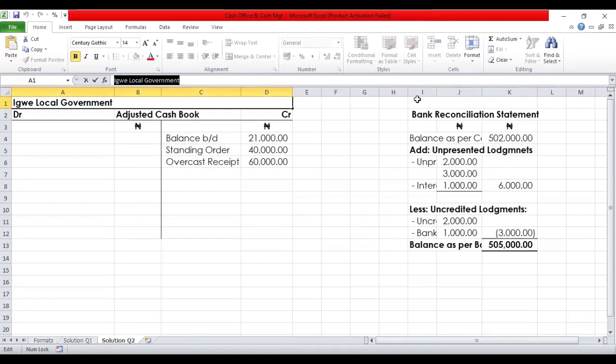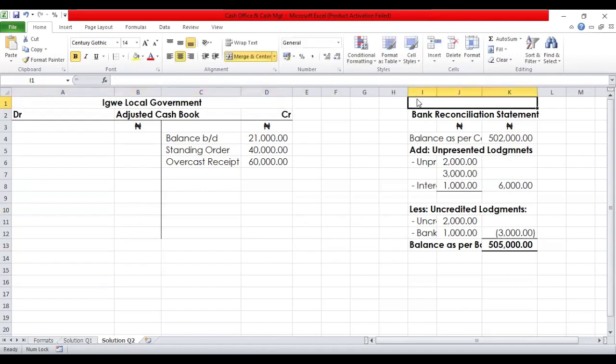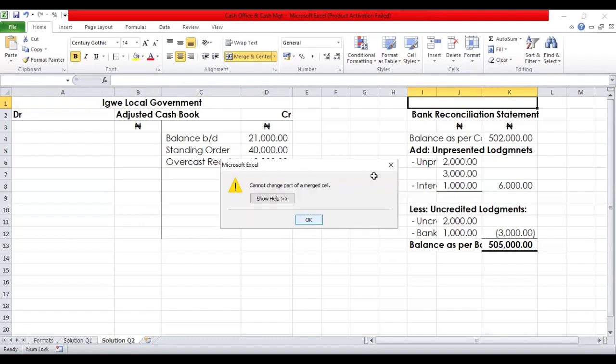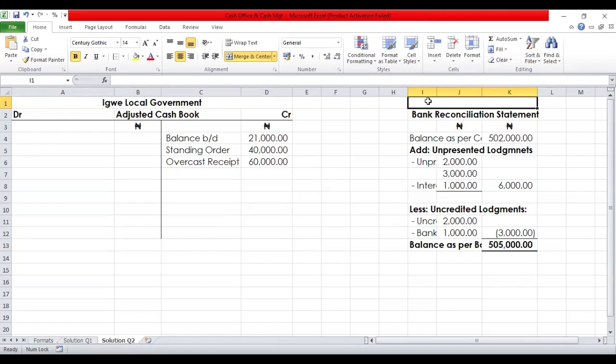What is compensating error? When an error cancels out another error, that is compensating error. Transposition error is when you move a particular figure but enter a wrong figure in another account.